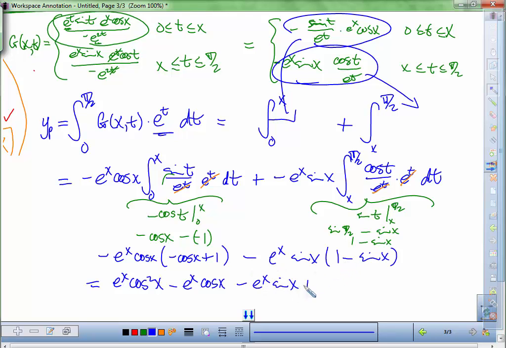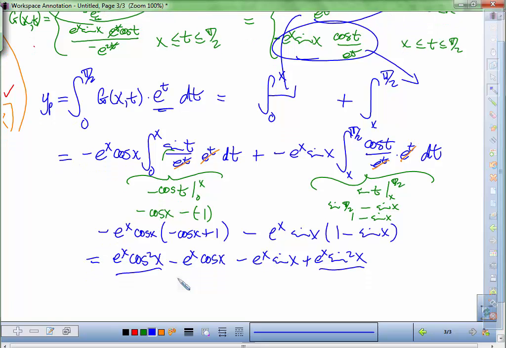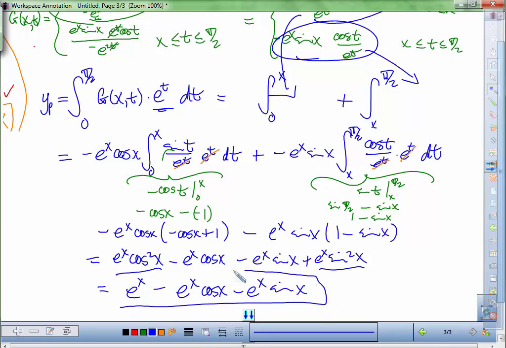Minus minus is a positive. e to the x sine x times sine x is sine squared x. And it looks like another sine squared and cosine squared business. So if we put them together and factor out an e to the x, we would then have a positive e to the x minus e to the x cosine x minus e to the x sine x. I think we're good here.